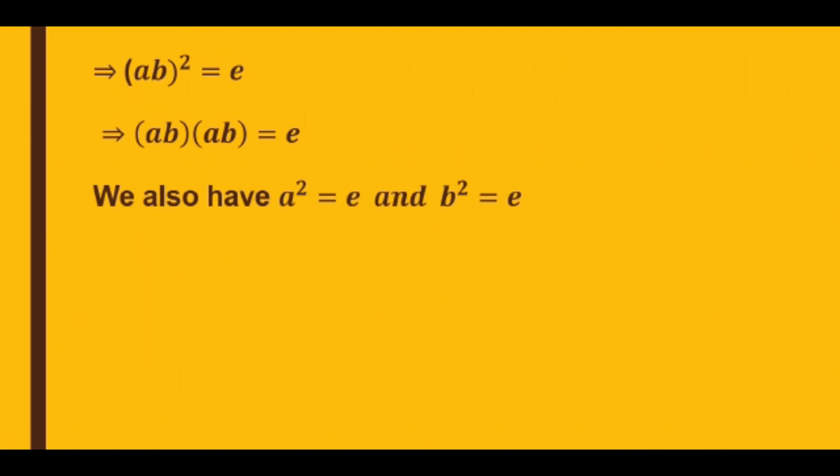We also have A squared is equal to E and B squared is equal to E. Therefore, we continue from where we ended, like this.